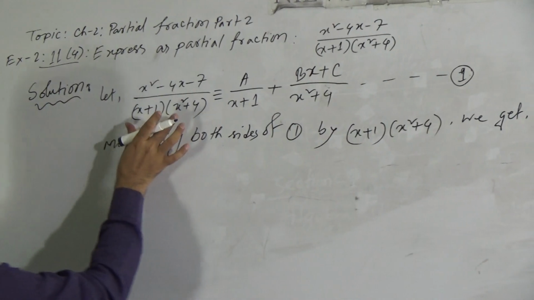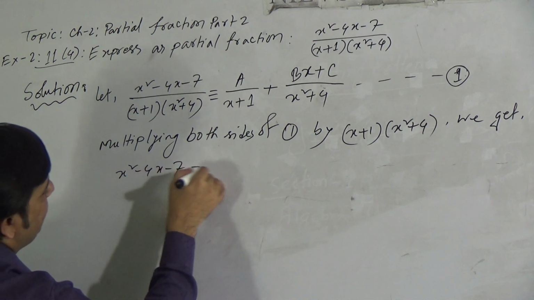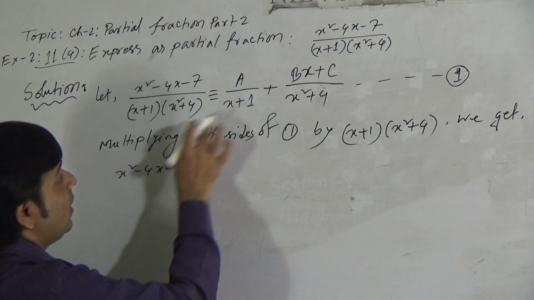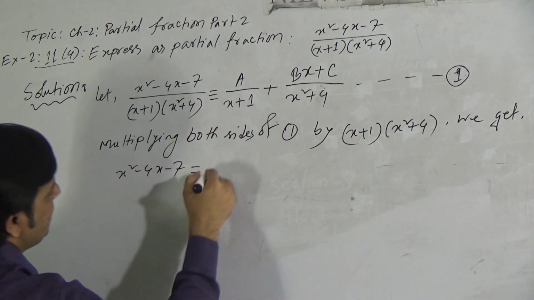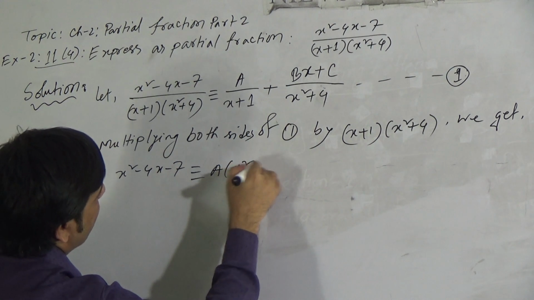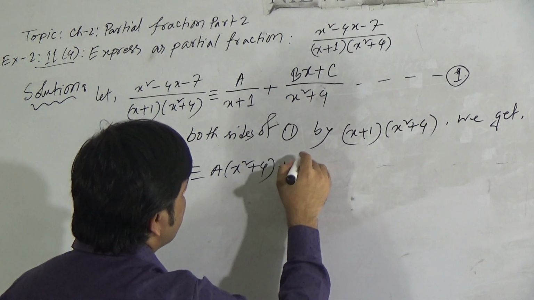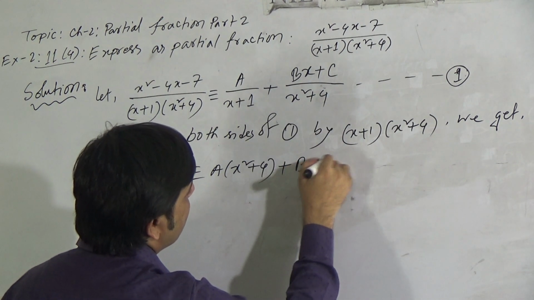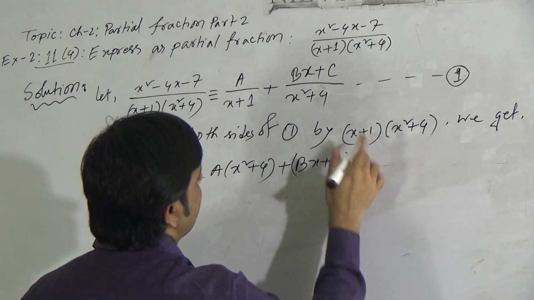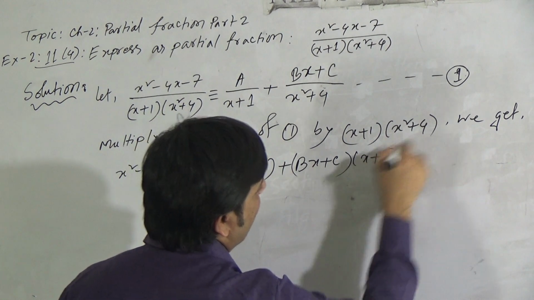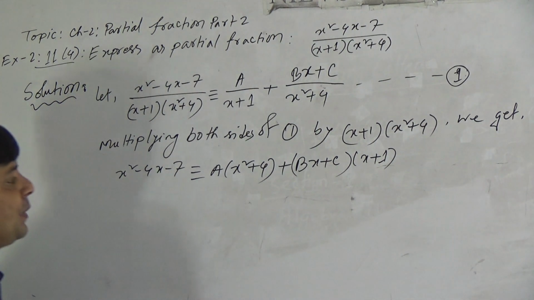If we multiply, the denominator vanishes, only x square minus 4x minus 7 will remain on the left side. And when we multiply on the right side, at first the first fraction, then this x plus 1 will vanish. So with a we will get x square plus 4, and when we multiply the next fraction, then we will get here bx plus c. We have to multiply by this, x square plus 4 will vanish, so x plus 1 will remain here. So we can write here, this is our obtained equation or identity.